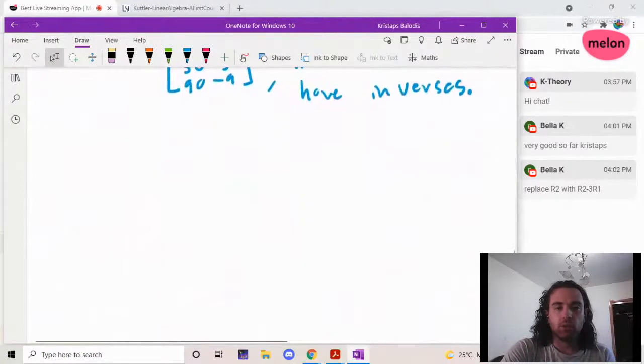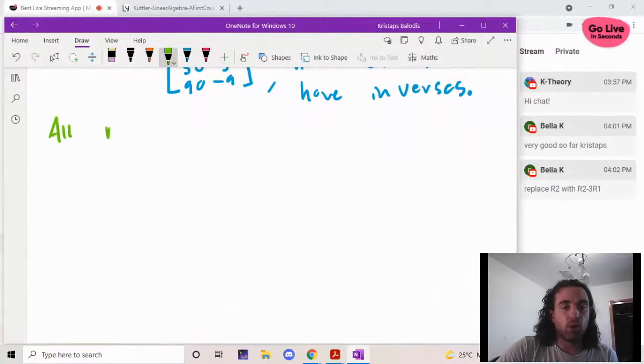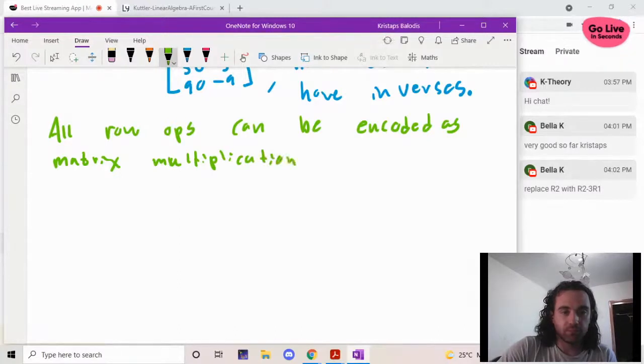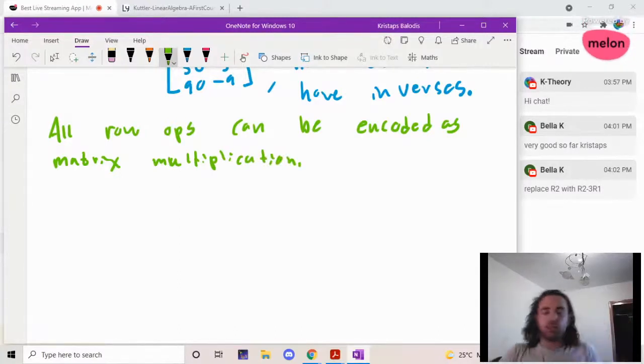Okay, so let's think about what I've mentioned above, right? So all row operations can be encoded as matrix multiplication. So what that means is, let's suppose I have some matrix A, right?